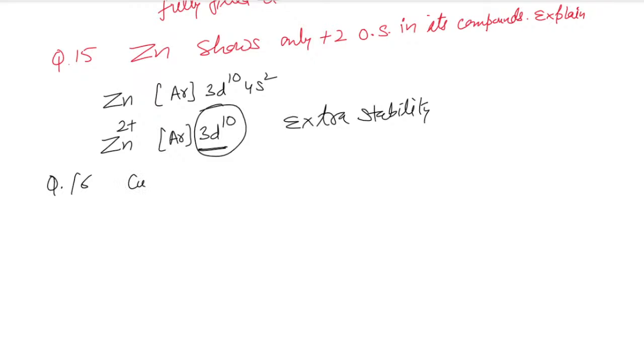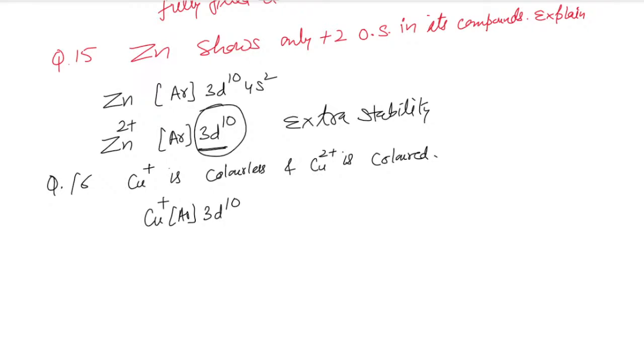Yes, copper 1+ is colorless and copper 2+ is colored. What is the reason? Same reason, copper 1+ is 3d10 while copper 2+ is 3d9.